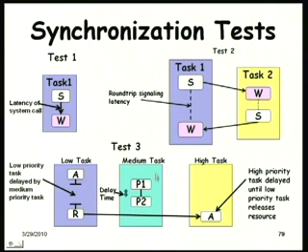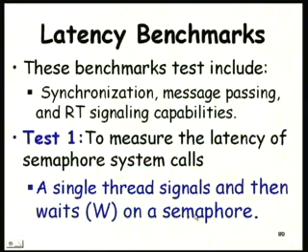If there are many medium priority tasks coming in which do not need the resource, will it vary? So, we will have to test that. So, this third test is where we have a low priority task holding a resource and then a high priority task requesting the resource, and in between there will be medium priority tasks which are executing, and what is the impact of that on the high priority task getting the required resource.